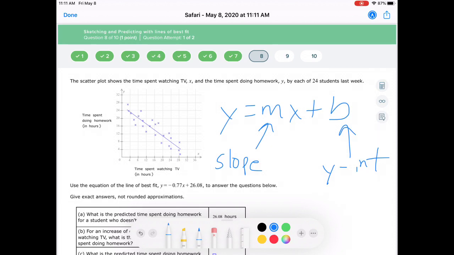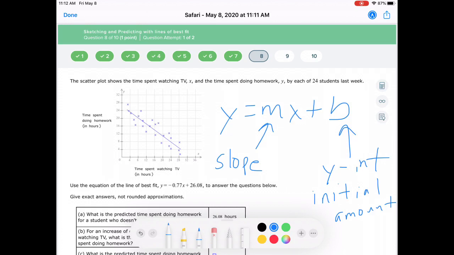But when we're dealing with situations like this, we call the y-intercept the initial or the beginning amount. So if we started at 0, what would we have? That was the answer to the first question. We start at 0 hours watching TV, we would have 26.08 hours doing homework.